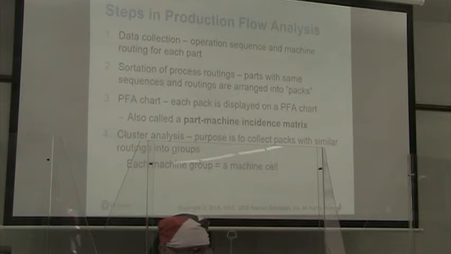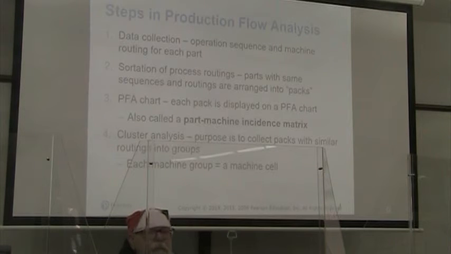We're going to take those packs, and each pack is going to be displayed on a production flow analysis chart, which we also call a part machine incidence matrix. Then we're going to do cluster analysis so that we collect packs with similar routings into groups. Each machine group then becomes a machine cell.